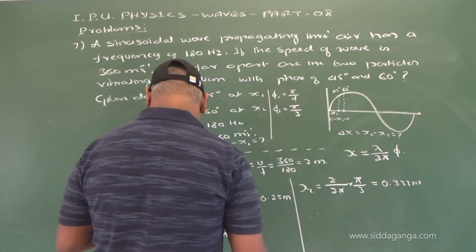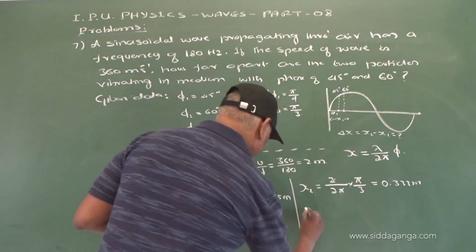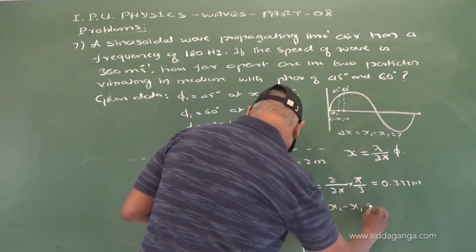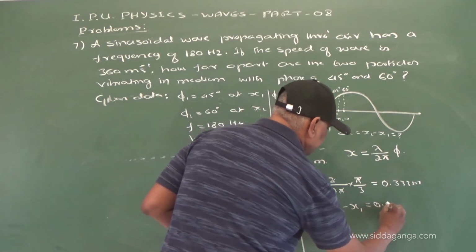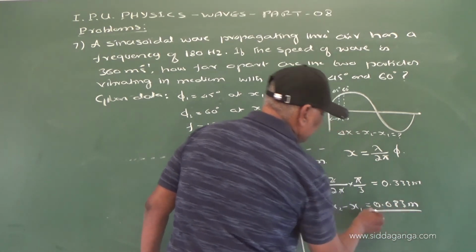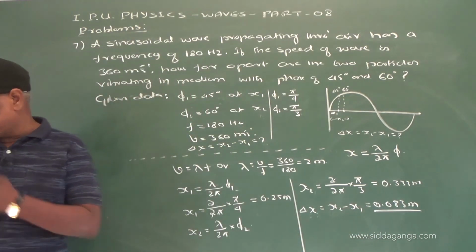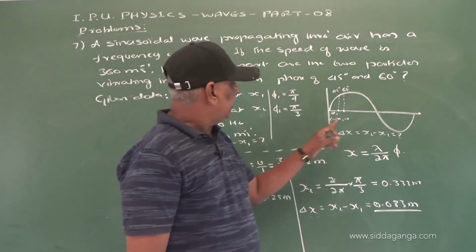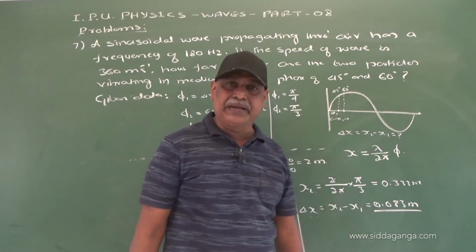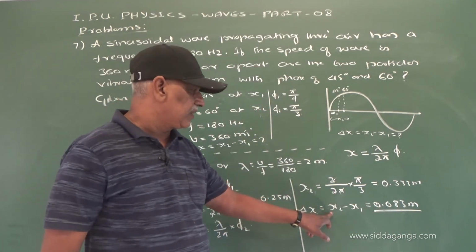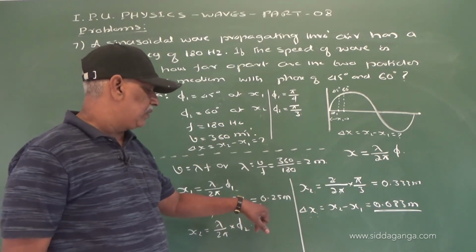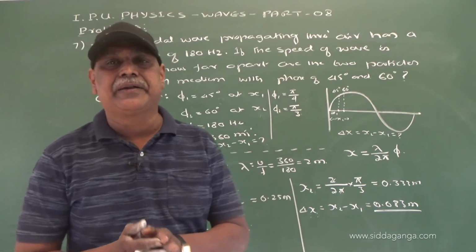Therefore, write delta x is equal to x2 minus x1. When we substitute it, we will get 0.083 meter. So the distance between the two particles, x2 minus x1, is 0.083 meter. Here x2 is equal to 0.333 meter and x1 is equal to 0.25 meter, right.